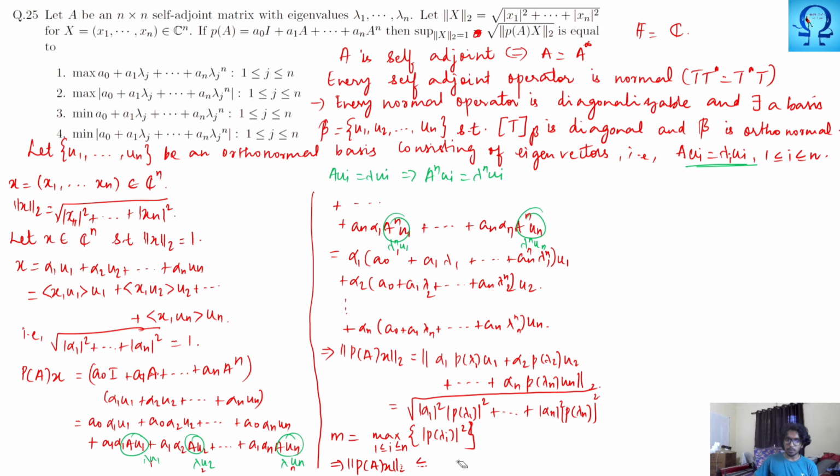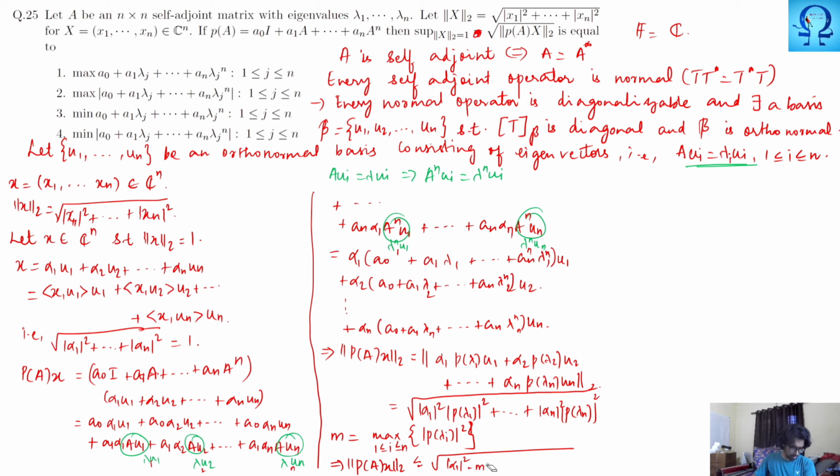actually this is the maximum one, so we just replace it and we would have m times of, in all the place of this lambda 1 and all, we shall replace with m, actually this will be less than or equals under root alpha 1 square m.